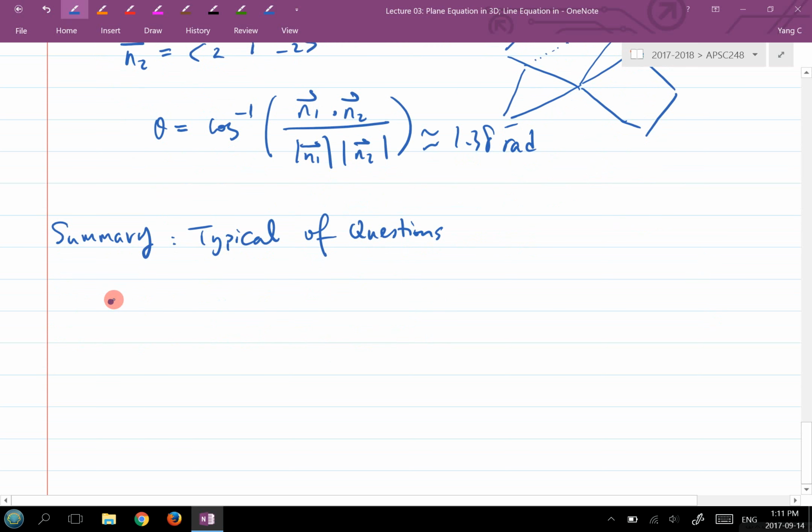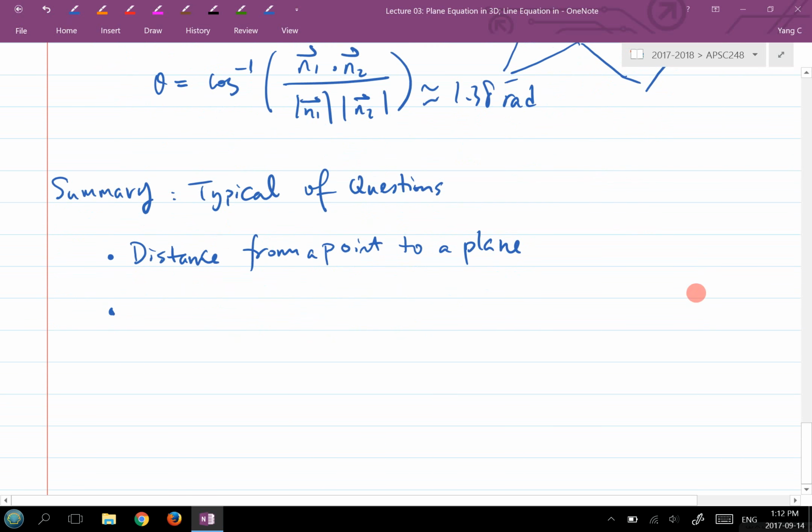First of all, there are some easy ones, like the one we just did in the example: what is the distance from a point to a plane? That's a very typical question. Like the third example, the angle between two planes.